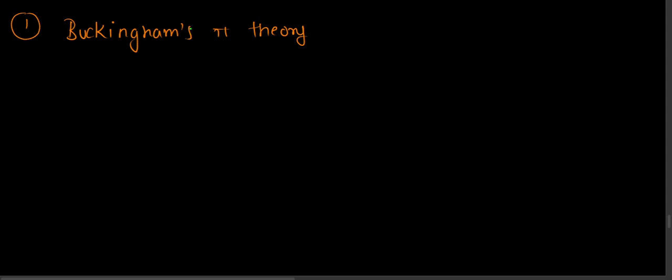So what this theory says is that suppose we have some variables, let's say x1, x2, x3, and so on. We have many variables like this. Maybe they are dependent or independent. What our aim is, this is not 3.14 again, it's just a notation.